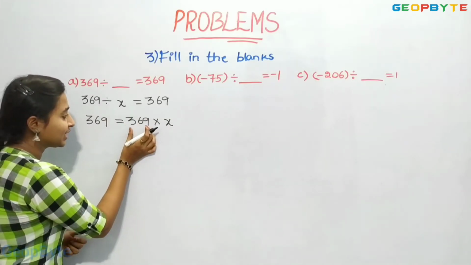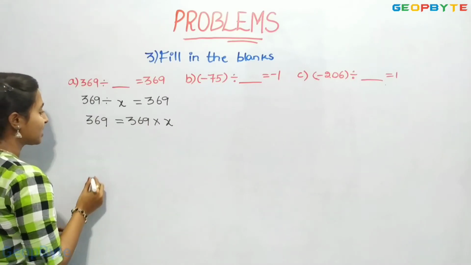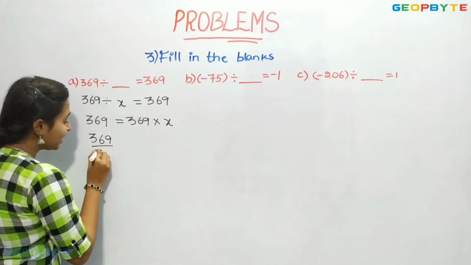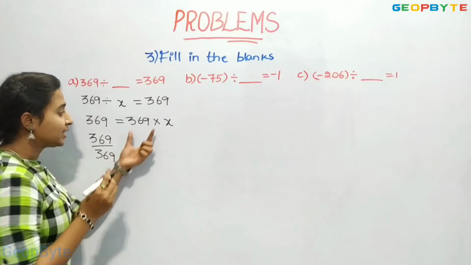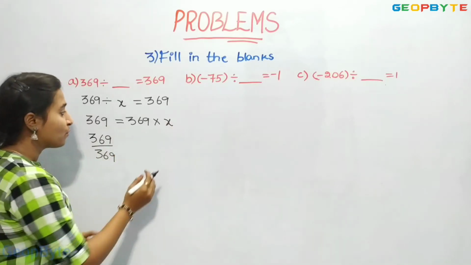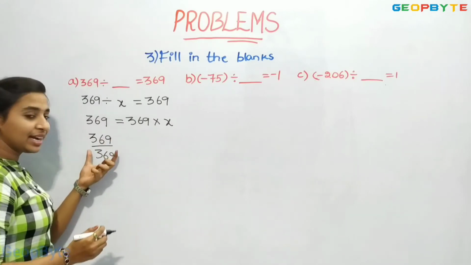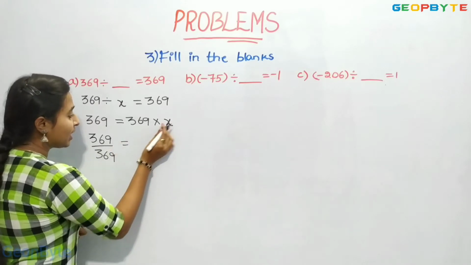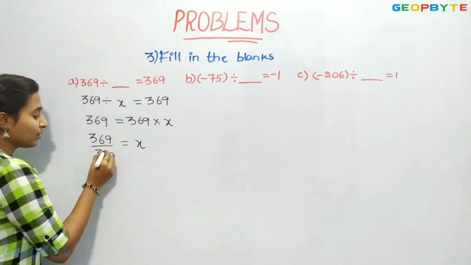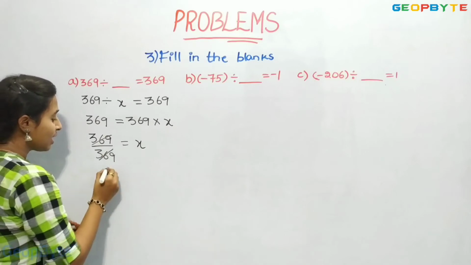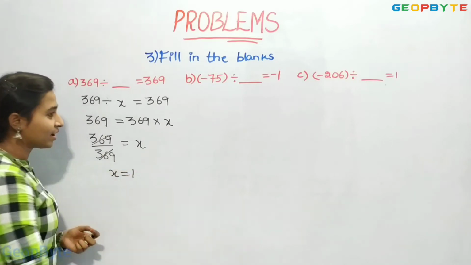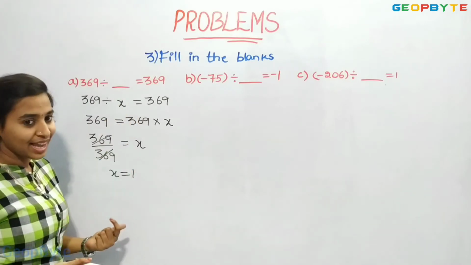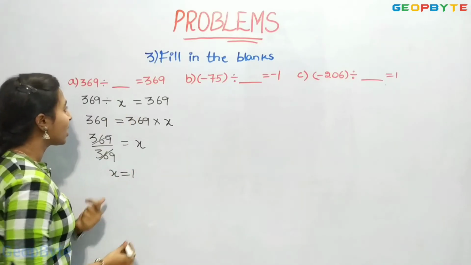So, this 369 will come to the left hand side, that is 369 by 369. As it is in product with x, when it comes to the left hand side, it gets divided by the number 369. We have x on the right hand side. These both get cancelled. x is equal to 1. As we assumed this missing integer as x, we got x as 1.